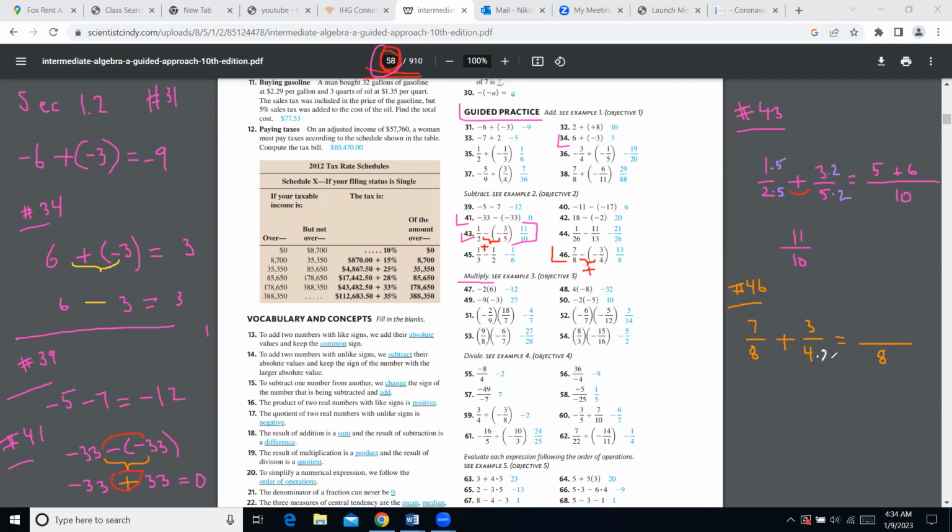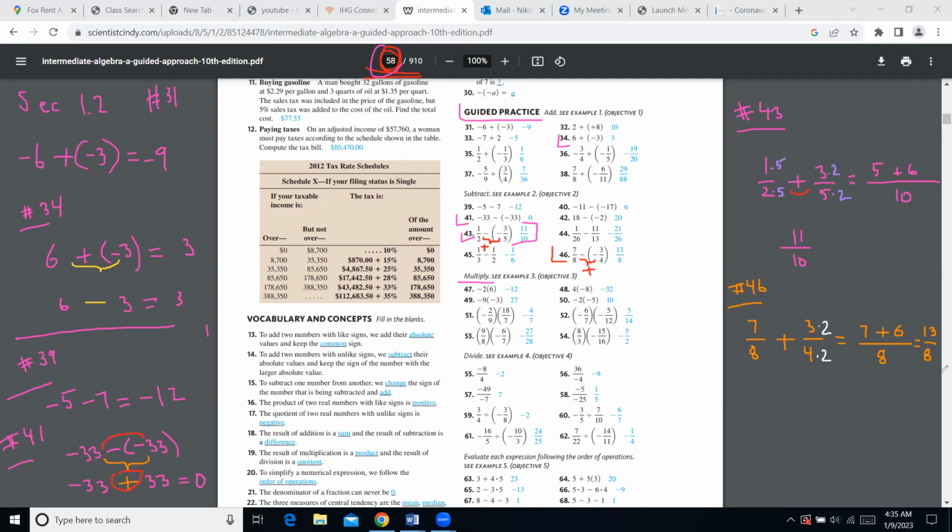I just need to multiply that 4 by 2. So I must also multiply by 2 the numerator of the fraction. So now I just care about adding those numerators, 7 with 6, and this is 13, right? So once you have made the denominators the same, all you care about is the numerator.